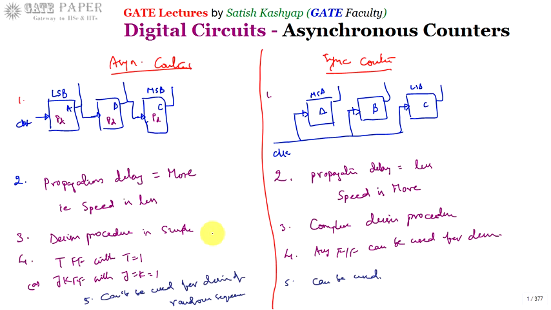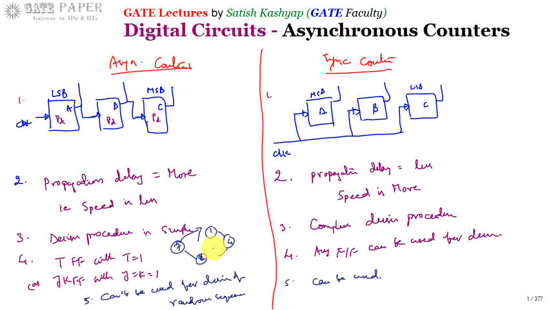So what is meant by this random sequence? If you are going to generate a sequence like this, first you have to get 1, then 4, then you go with 2, then you go for 7, and the modulus ends. So if the 3-bit counter is passing through the 1, 4, 2 and 7 states, then this is going to be a random sequence. It is neither an up count nor a down sequence.